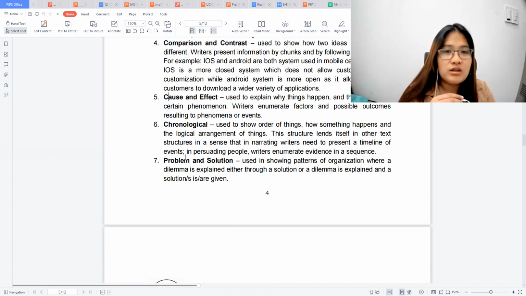So if you're trying to narrate about, let's say, the experience of people during martial law, magkakaroon ng magkakasunod-sunod na order of things, hindi naman biglang martial law agad. May mga nangyari before pa yan. So the writers have to enumerate evidence in sequence, yung pagkakasunod nga. So, chronological again is presenting how things or phenomena happen in a logical arrangement.